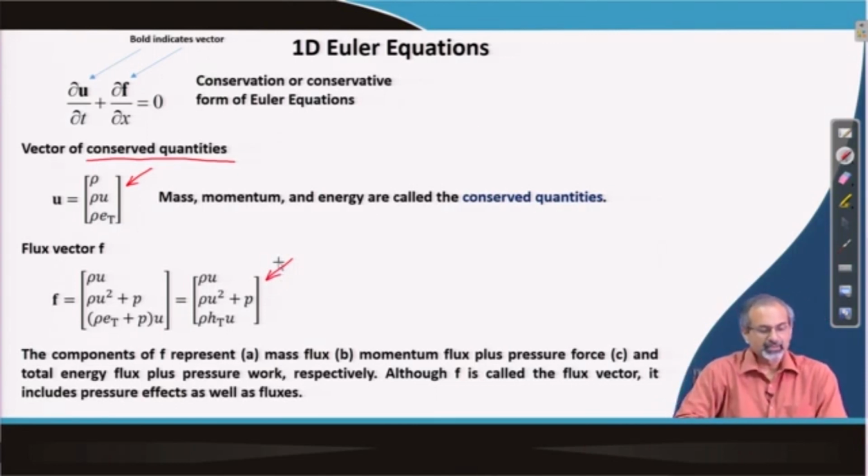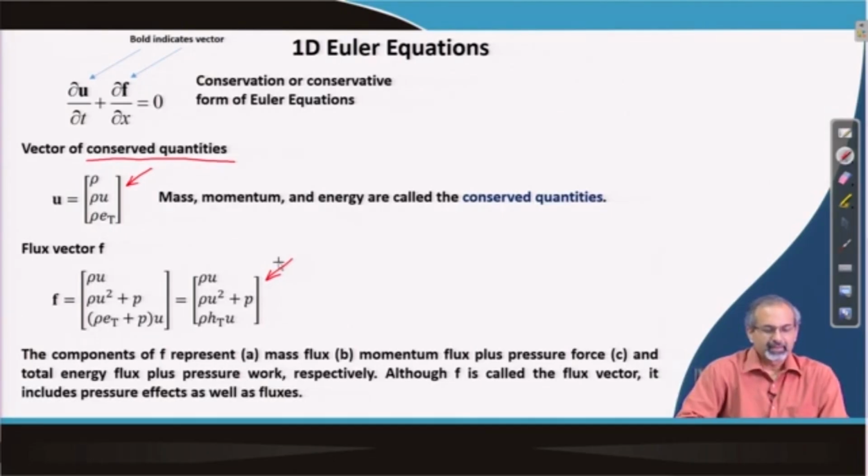So, if you look at the components of the u vector, you find density rho as the first component, then the product of density and the velocity. Here it is a one dimensional problem. So, there will be only one component of velocity, namely u, and then you have the product of density and internal energy in its total form.